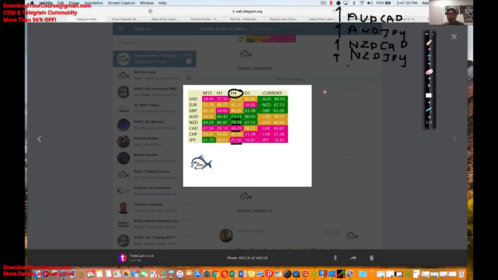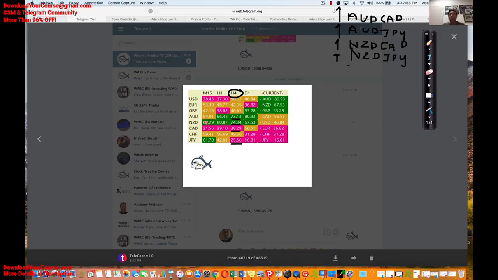So in other words, on any given day, I always start by looking at the CSM. Again, the CSM does change, so you have to watch it constantly, right? Well, not constantly, but every few minutes, take a look at it. And from the CSM, I then know what are the pairs to watch for, right?